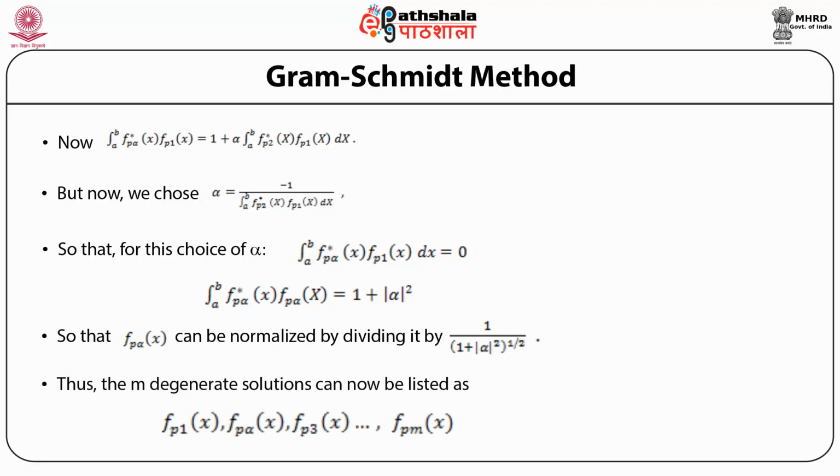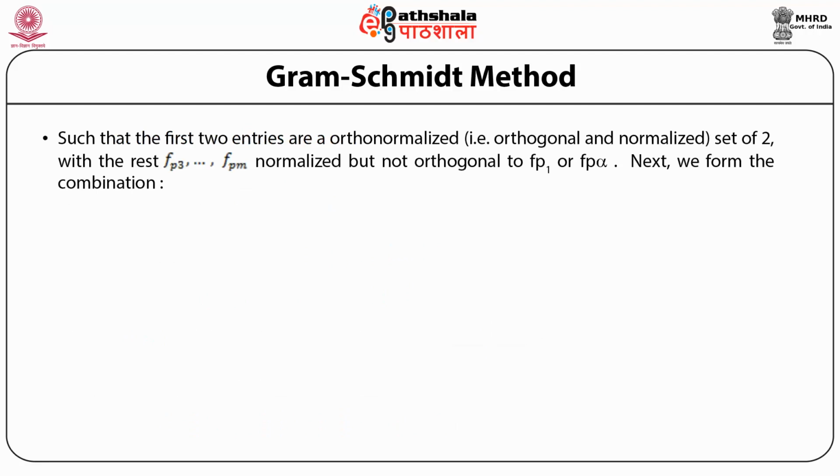Thus, the M-degenerate solution can now be listed as f_p1(x), f_p alpha(x), f_p3(x), up to f_pm(x). This means f_p1 and f_p alpha are an orthogonal and normalized set of two, with the rest of the functions being f_p3 to f_pm. The rest of the functions are normalized, but they are not orthogonal to f_p1 or f_p alpha.